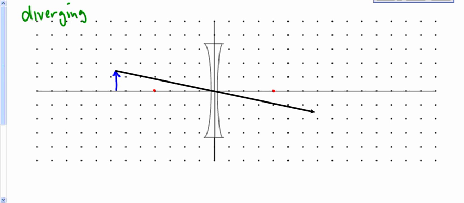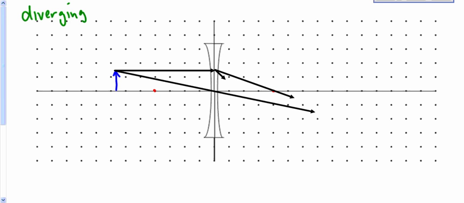Nothing changes there. It's when we deal with the focal points that the rules are kind of backwards, so be careful. So rule number 1, we'll go back to the first one, is if I go parallel to the principal axis. So normally, in a converging lens, the ray then would go through the focal point.